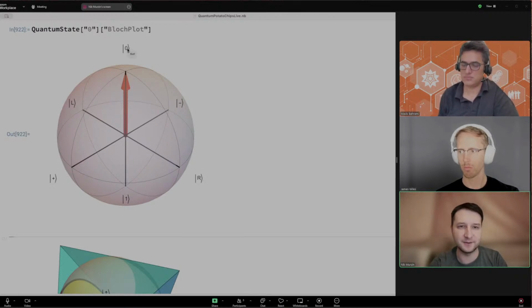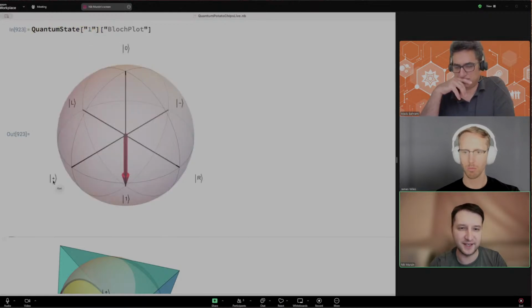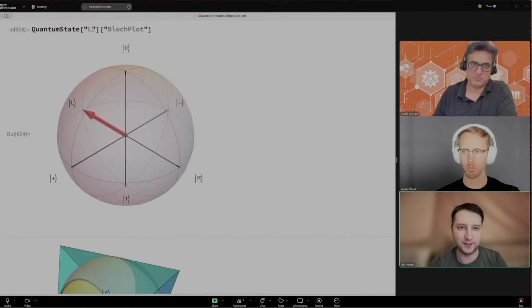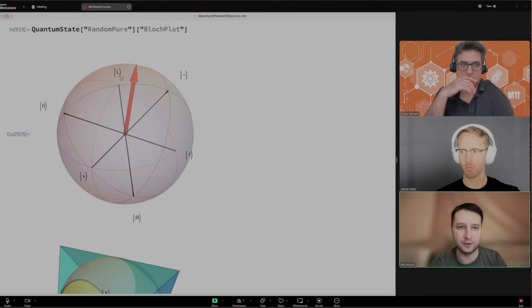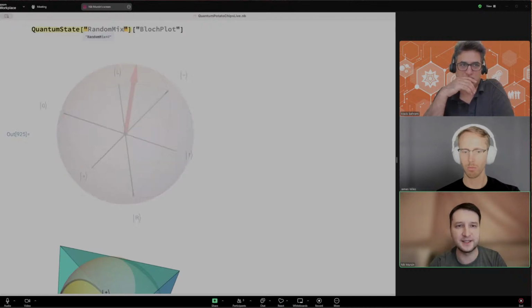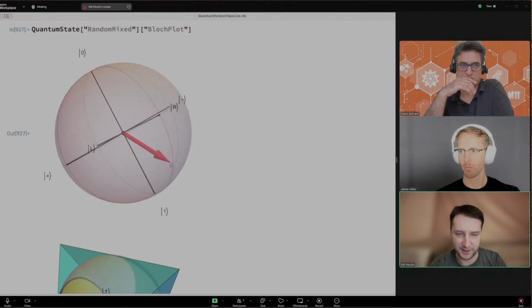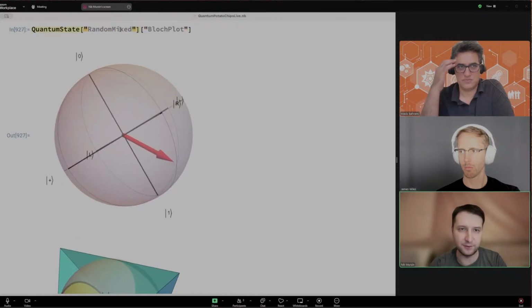Here the 0 and 1 are on the z-axis, and there are the x-axis and the y-axis. Any pure state is usually an arrow on the surface of the sphere. Any mixed state is an arrow somewhere inside the bulk of the sphere, not on the surface.